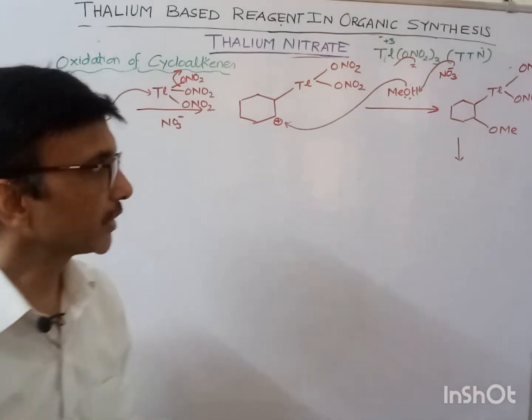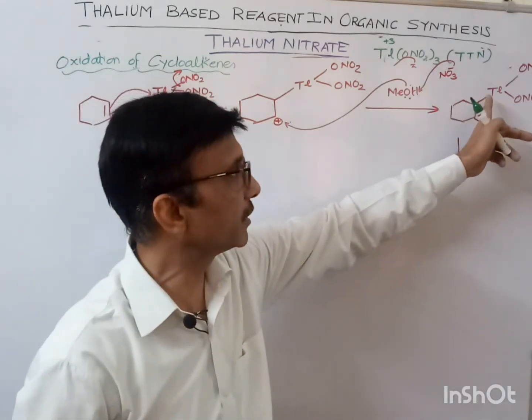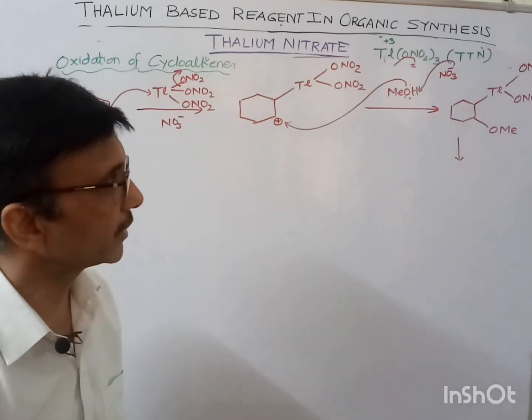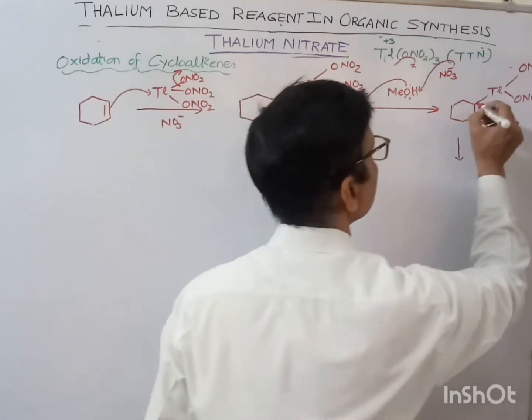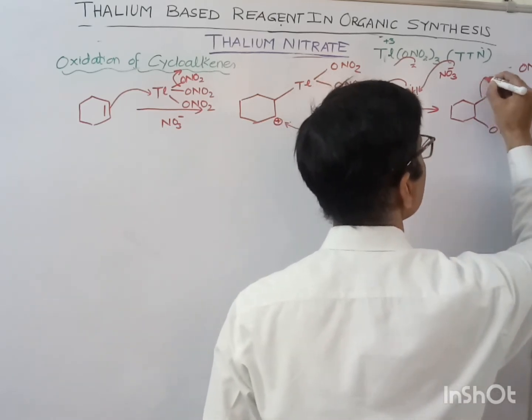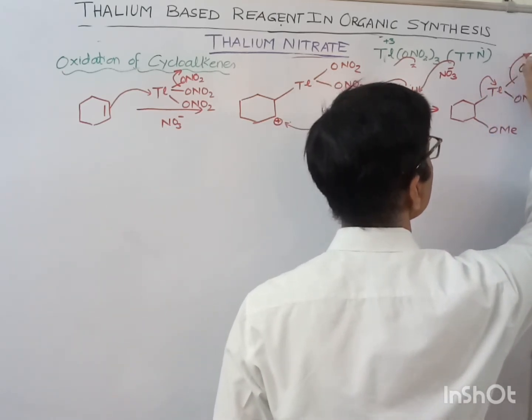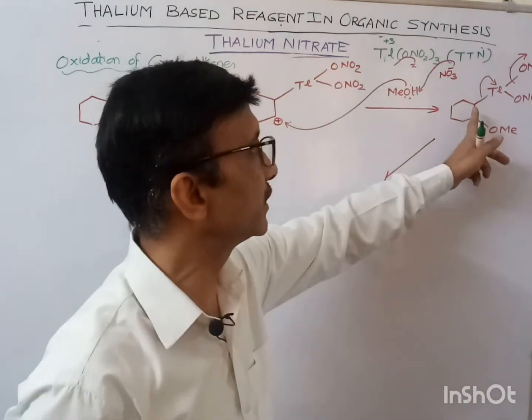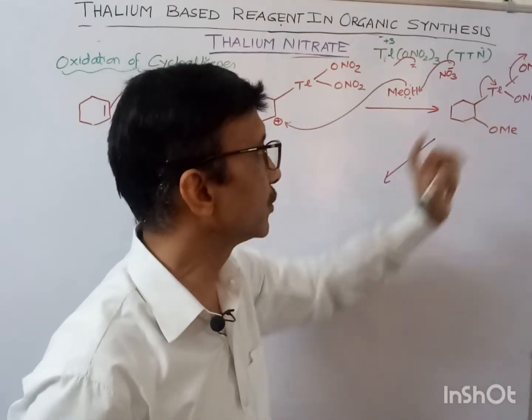Now, as I told you, this carbon-thallium bond is a weak bond, so it will break. When it breaks, this will leave out, and a positive center is created over here.